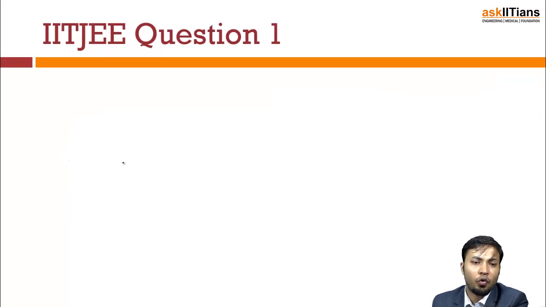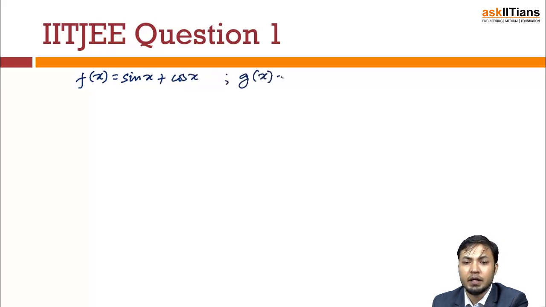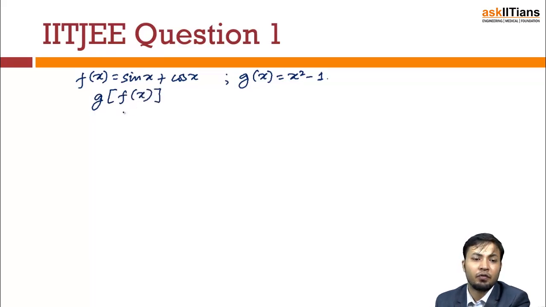Okay, so what do I have here? I have f(x) equal to sin x plus cos x and g(x) equal to x square minus 1. Now I need to see g of f(x). You see, this whole function has become the variable for this function now. So how do I write this?